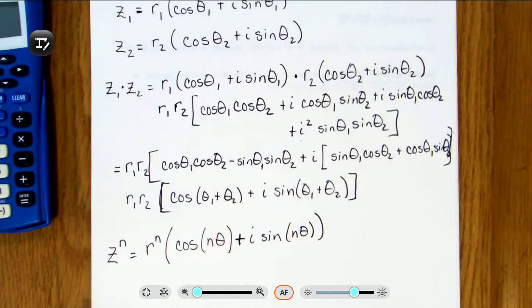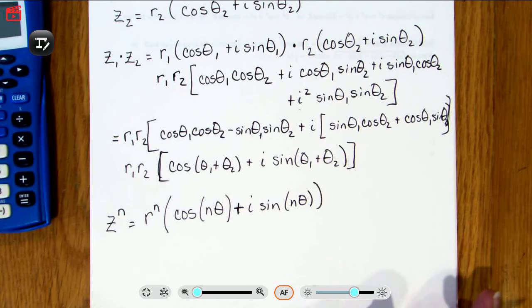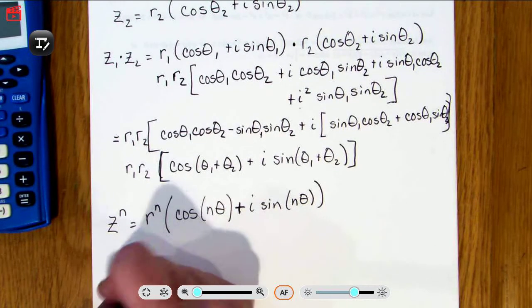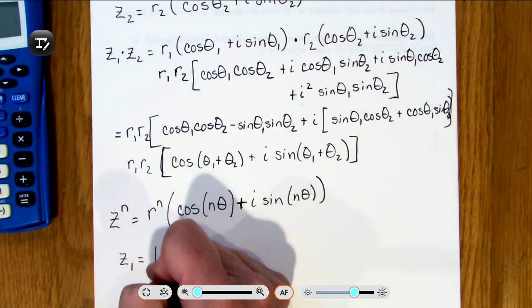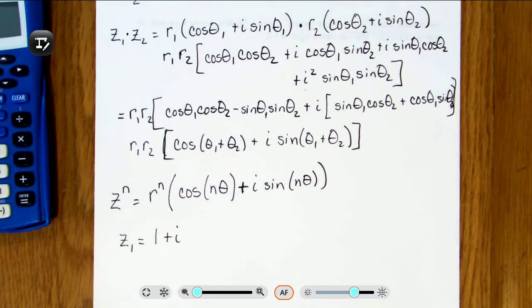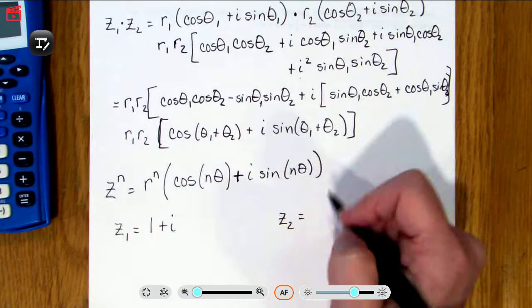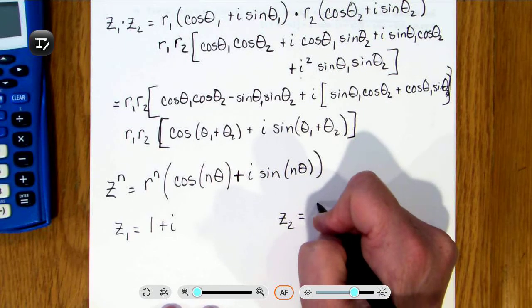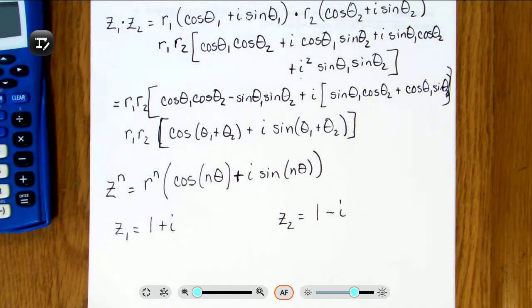Okay, so let's do some examples so you can see why it works or how it works. We're going to go through this kind of slowly, and let's say we take z1 to be, and I'm just going to pick a nice number, 1 plus I, and we're going to multiply it, and we'll have z2 being 1 minus I. I wanted things to look nice for us and work decently for us.